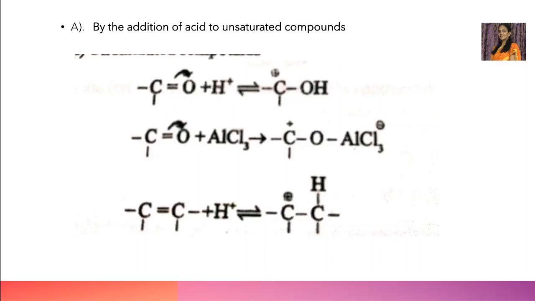Now another example, this carbonyl carbon treated with AlCl3. Then a bond is formed between O and AlCl3. Then this carbon suffers a positive charge, that is a carbonium ion produced. Here, C double bond C plus H plus. If we add H plus to one of the carbon atoms here, then the other carbon suffers a positive charge. So here a carbonium ion is produced. This is one way where carbonium ions or carbocations are produced.